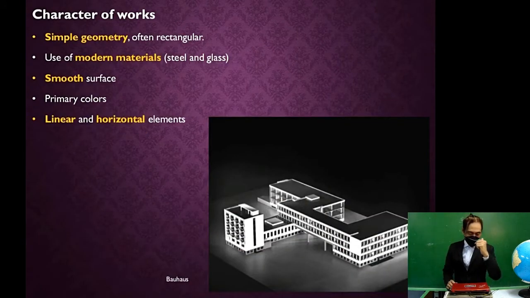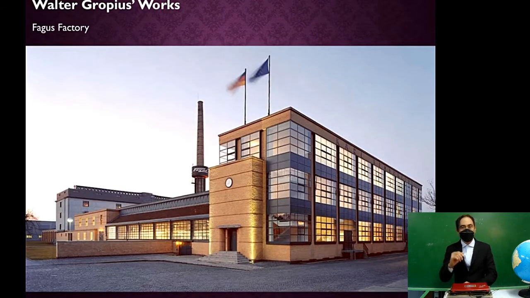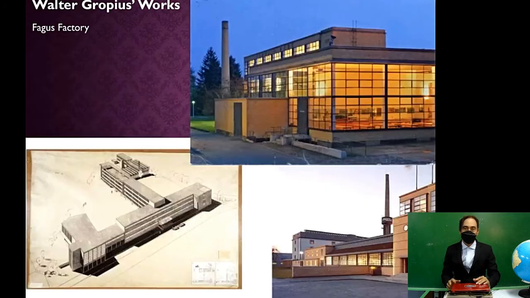Character of works: simple geometry, use of modern materials, smooth surface, linear and horizontal, just like the Fagus factory in Germany. Characterized by the use of smooth surface, concrete, steel, and glass, and of course, rectilinear in design.